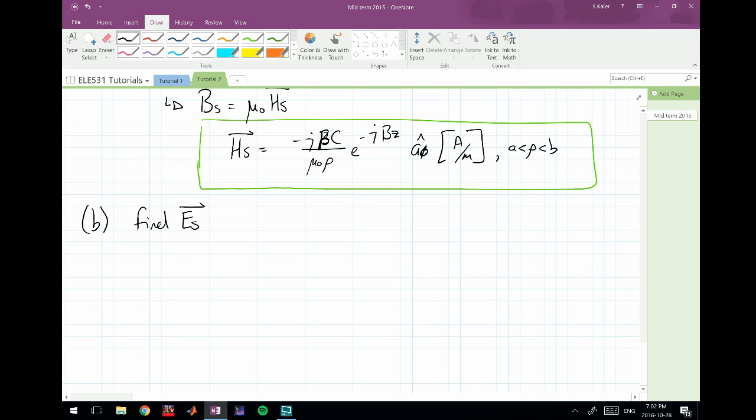You can either take the curl of H and then equate that to j omega epsilon times E, which is just Ampere's law. Or you can take the curl of E, work backwards, and then just divide by j omega. Because we can either use Faraday's law or we can use Ampere's law.